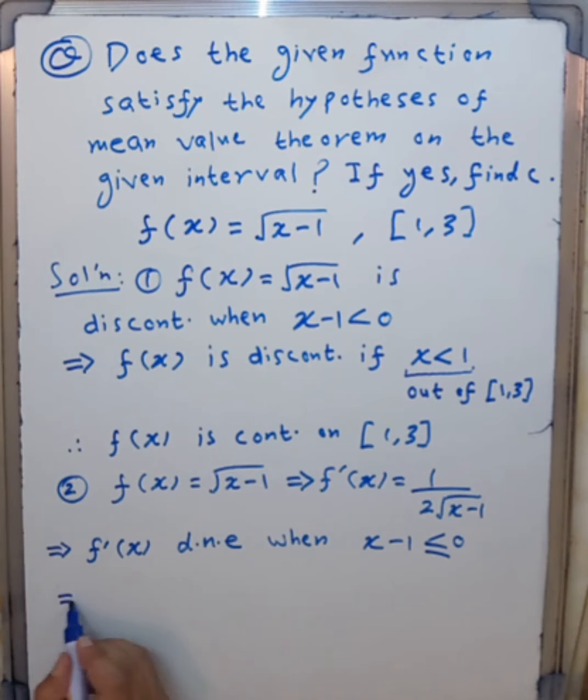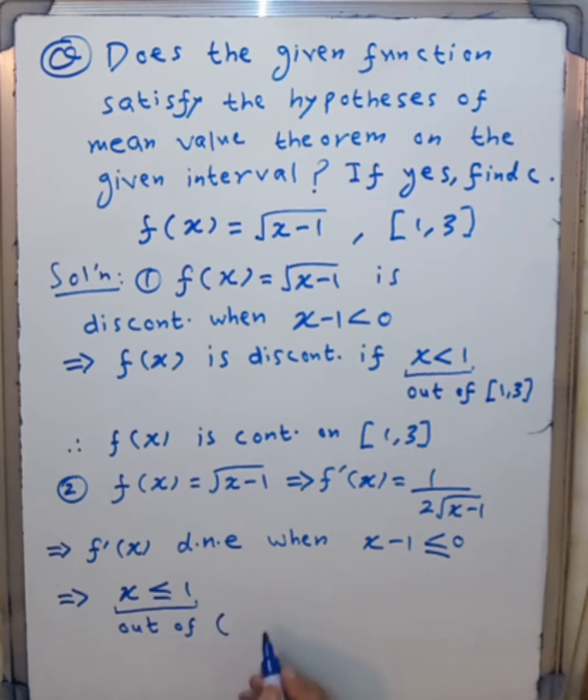This implies that x is less than or equal to 1. But we are discussing the differentiability of the function f(x) equal to square root of x minus 1 on the open interval (1, 3). So we can write that these points when x is less than or equal to 1 are out of the open interval (1, 3).